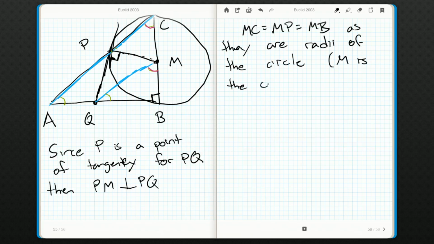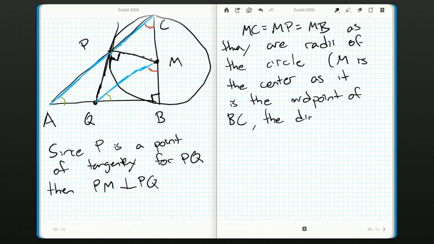M is the center, as it is the midpoint of BC, and that's the thing we chose to be the diameter when we made the circle. Okay, so we've got, we'll use yellow here, we've got these guys, and they're all the same.